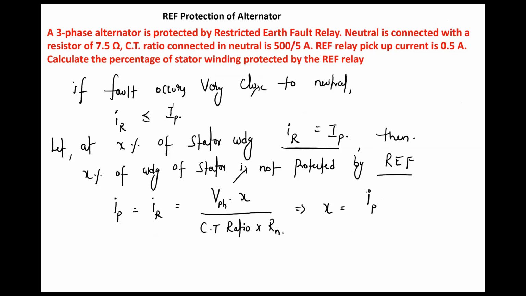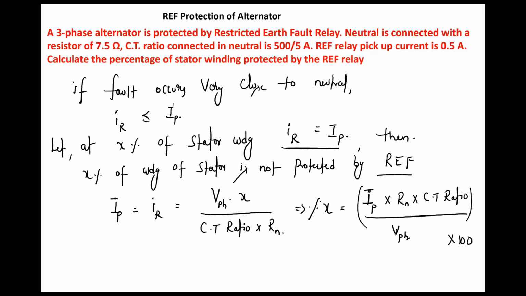Pickup current, that is IP pickup current, multiplied by Rn, multiplied by CT ratio, divided by V phase. If you want percentage, you have to multiply with 100.